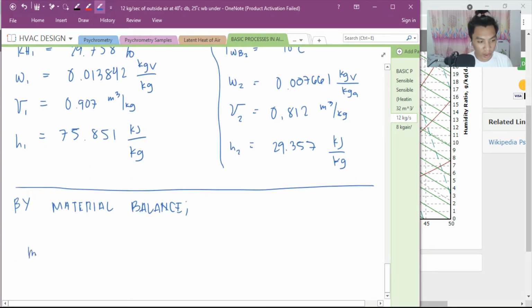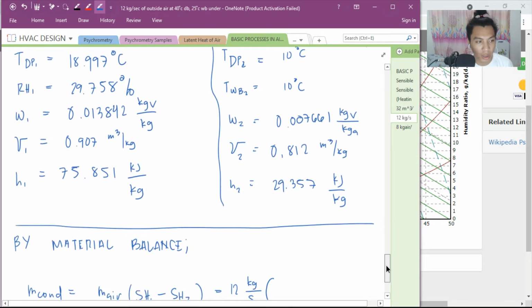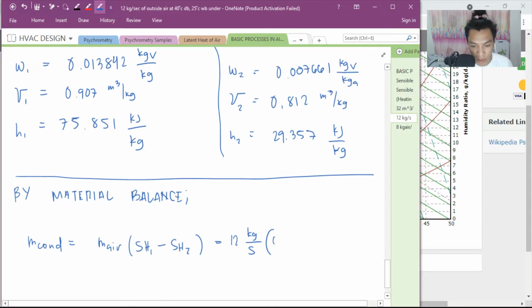Mass of condensate is equal to M air times SH1 minus SH2. Mas mataas yung SH ni 1 kaysa 2. That is 12 kilograms per second. Tapos SH1. Ano yung SH1 mo dyan? Ayun, 0.013842.